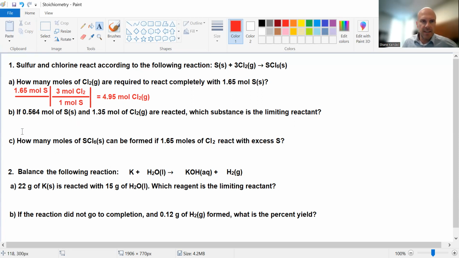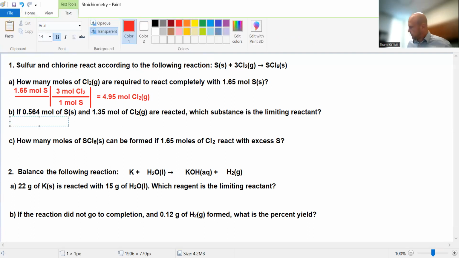Okay, so the way we set this up is I'm just going to go through and work out the actual number of moles of this SCl6 we're going to get.